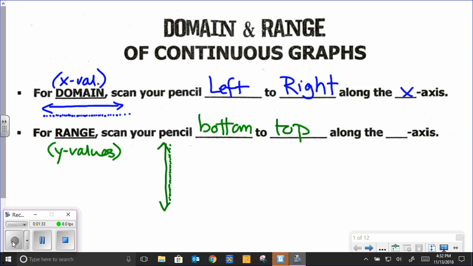So again, in both cases, it's from least to greatest that we're looking for. And again, we're looking along the y-axis when we're doing this. This is just using our pencil to see all the numbers that would fall on there. And we're going to practice now with our next question here.